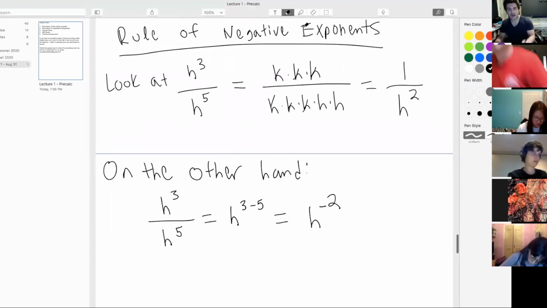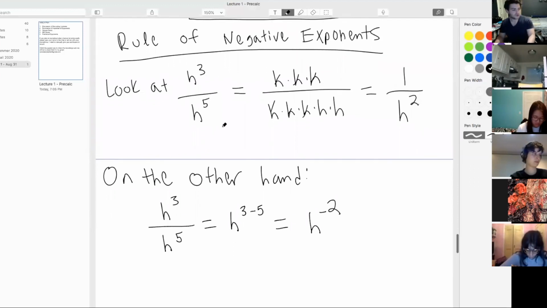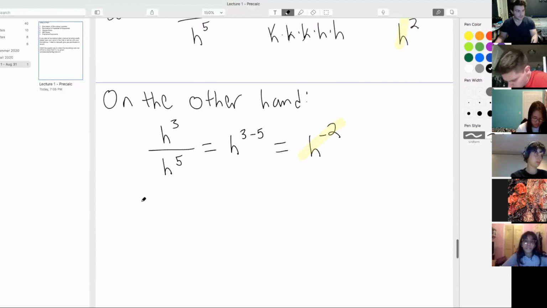Aha, so we have arrived at 2 different answers for the same thing. So pretty much what this tells us is that we want to make h to the negative 2 equal to 1 over h squared. We ought to have those be equal to each other. So this leads to the following rule.